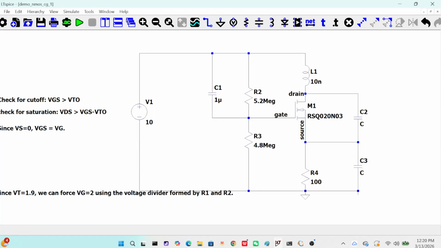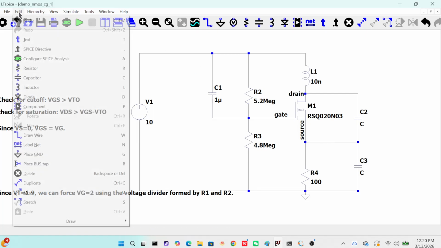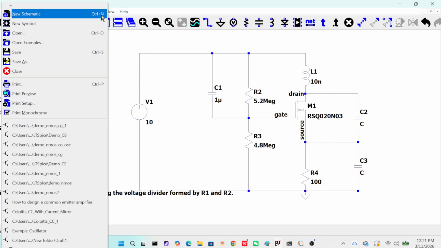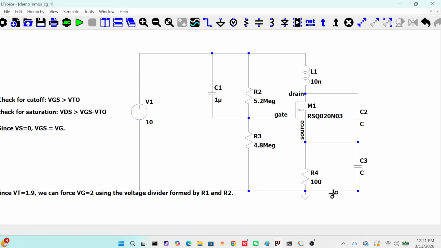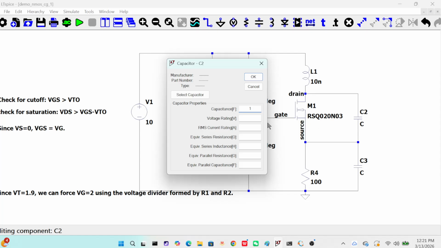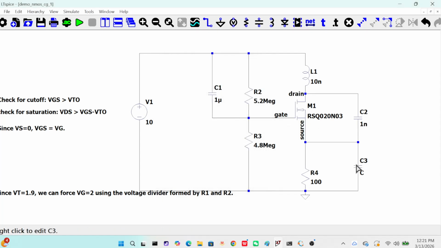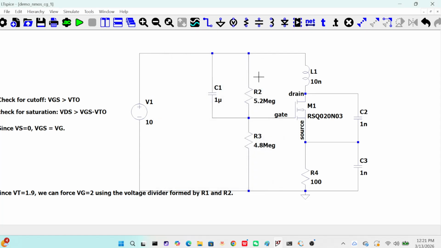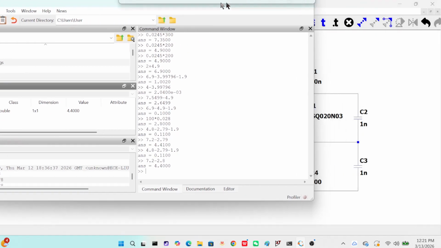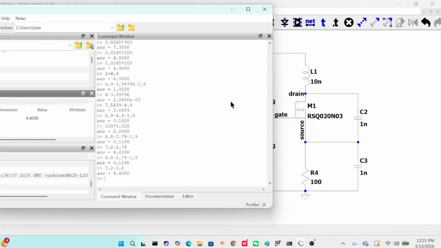I would make the capacitance, say 1 nano, and here is 1 nano. Under this condition, I can check what frequency we are going to generate.